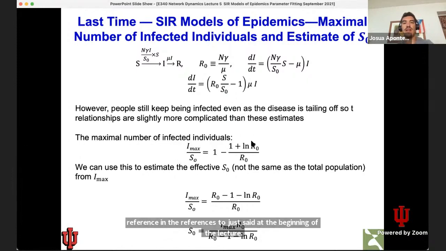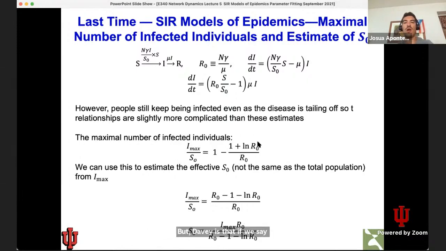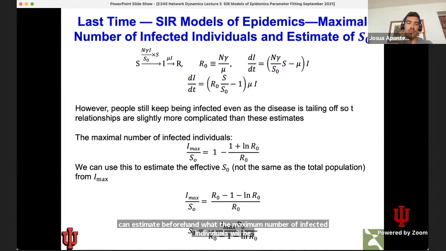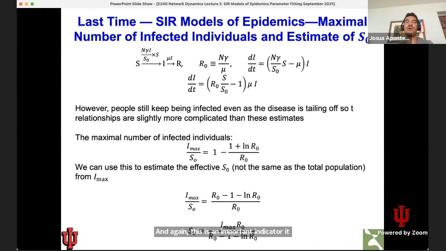But the idea is that if we somehow know what R naught is, and we know what the susceptible population is, we can estimate beforehand what the maximum number of infected individuals will be. And again, this is an important indicator. It tells you what is the maximum number of people that will be infected at a single time, and that is critical to know, again, from a public health perspective.